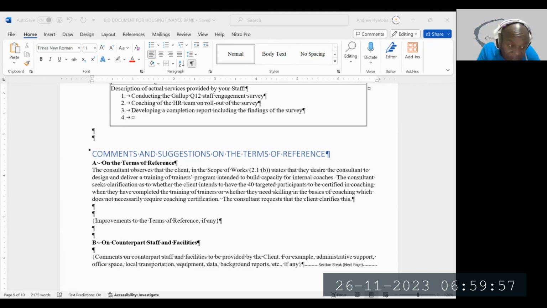This is also good because it buys you time. So now if we wrote an email to the client and said, do you want a trainer of coaches to certify your coaches internally, or do you want somebody who will give you a training of trainers on what coaching is basically?